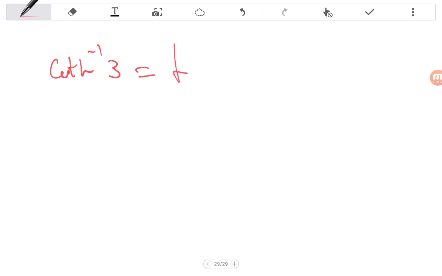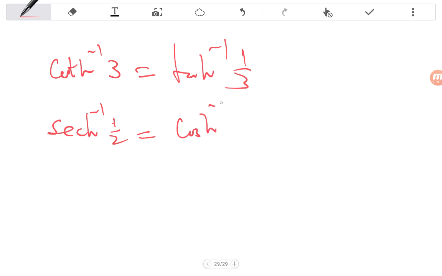It is tangent inverse of 1 over 3. It's very easy. If I need to find sech inverse of half, it will be cosine inverse of 2, and so on.